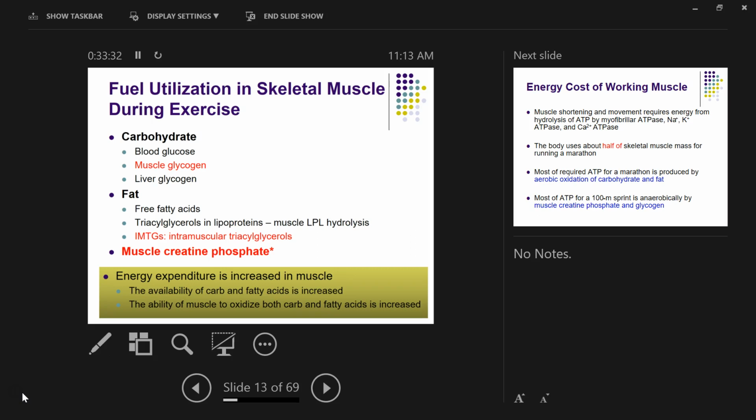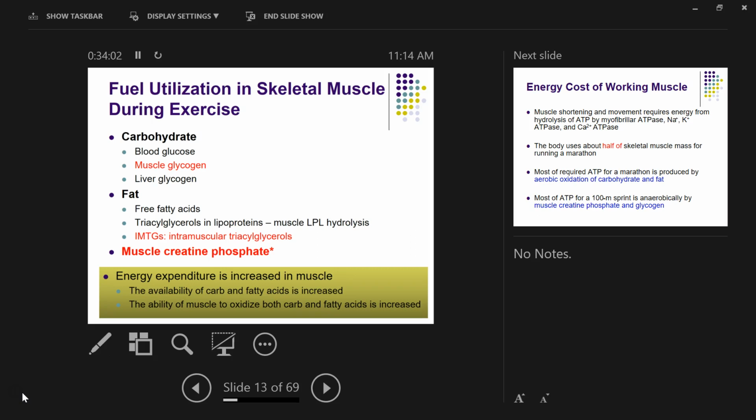And fat is also important. Muscle can utilize free fatty acids from the circulation, which initially come from the adipose tissue during exercise, and also triglyceride delivered from the liver in VLDL, so muscle LPL can hydrolyze triglyceride in VLDL and pick up fatty acids to utilize as energy.